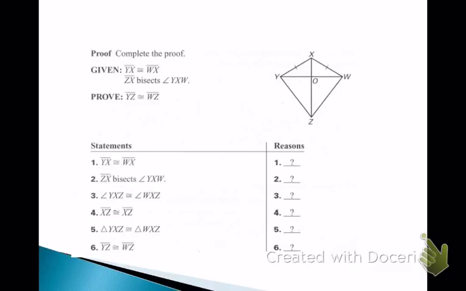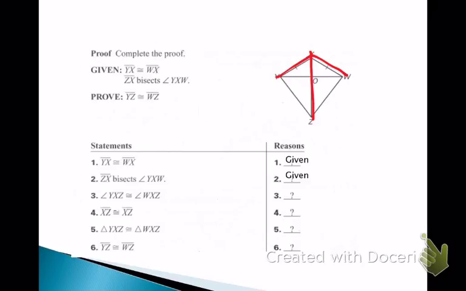Okay, how'd you do? First things first, YX and WX are congruent because it was given, right? And it's been marked. Now, ZX bisects angle YXW. That was given as well. What does that mean? If ZX bisects angle YXW, remember, bisect means cut in half.